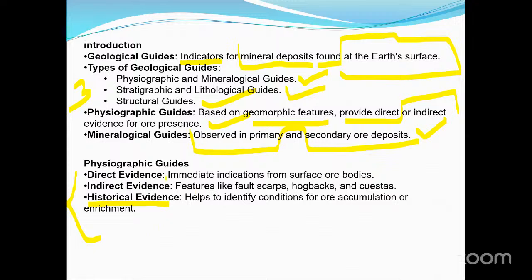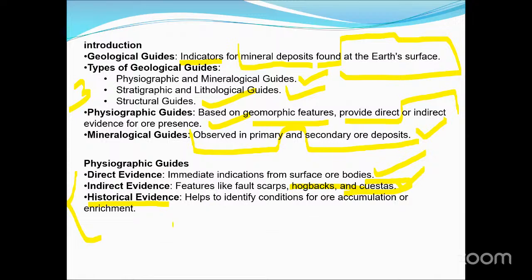Direct evidence is the immediate indications from surface ore bodies. Indirect evidence is features like fault scarps, hogbacks and crustas; these are indirect evidence for the ore deposits.